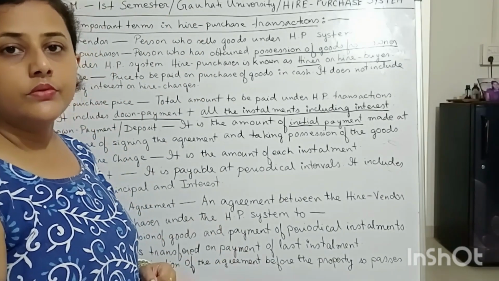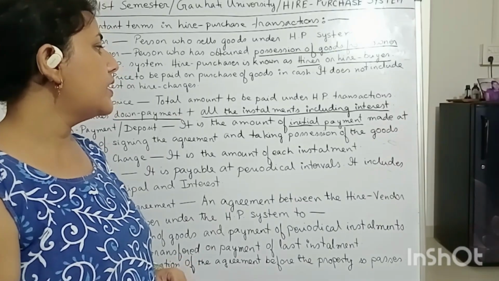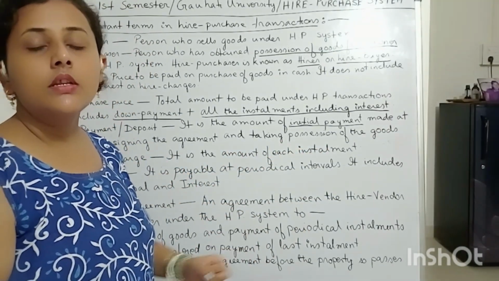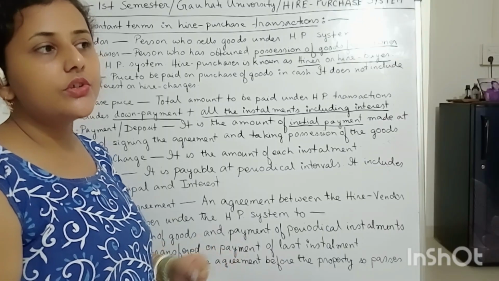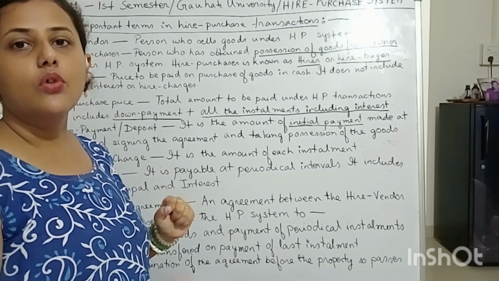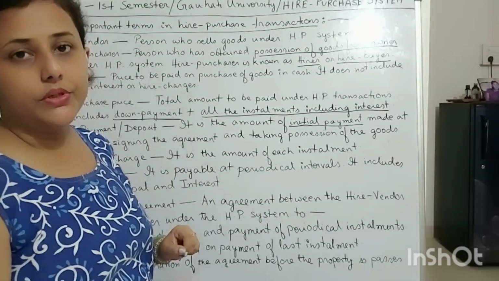Possession of the goods means the hire purchaser will take the goods along with him. So that is down payment.